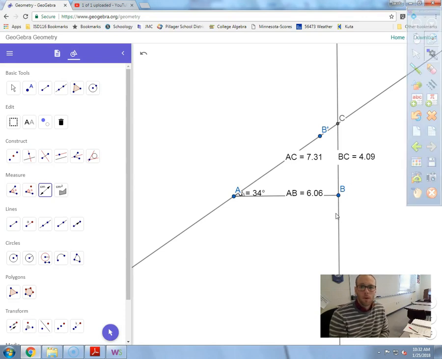Now I'm going to find the ratio of the opposite over the hypotenuse. Which side's opposite A? 4.09. Which side is the hypotenuse? 7.31. I'm going to grab my calculator. I'm going to type in 4.09 divided by 7.31, and I got about 0.56.